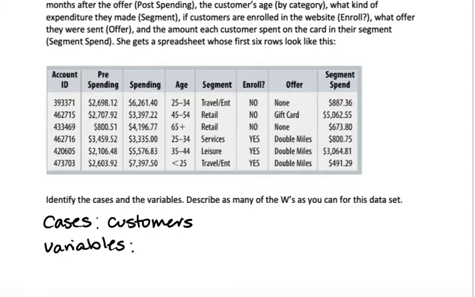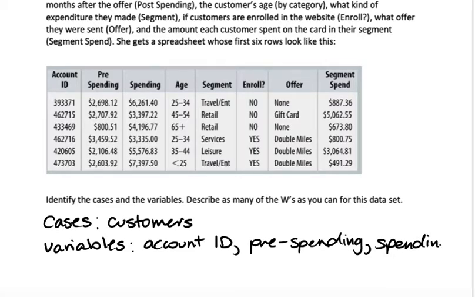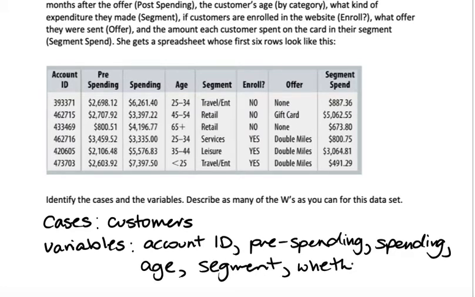The variables are basically going to be all of the different columns that I have in this table. So account ID number, the pre-spending, the spending, the age of the customer, the segment, whether or not they enrolled, the offer that they received, and the segment spend.